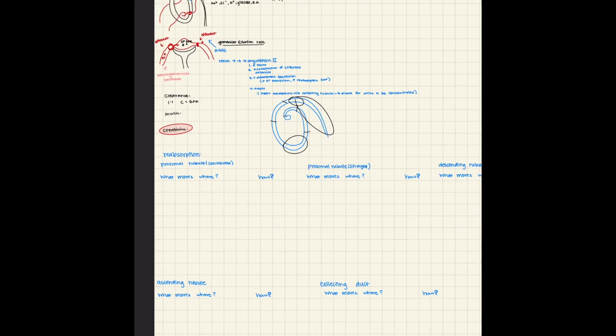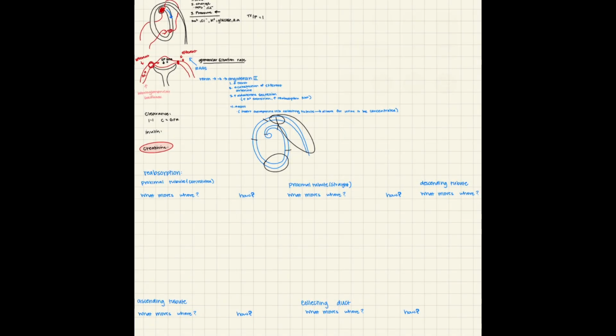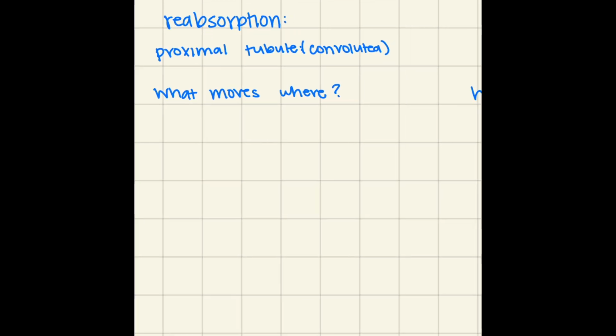I'm going to go through each of these and talk about what moves where and how it moves, because I don't want to draw the cells because I'm opposed morally.